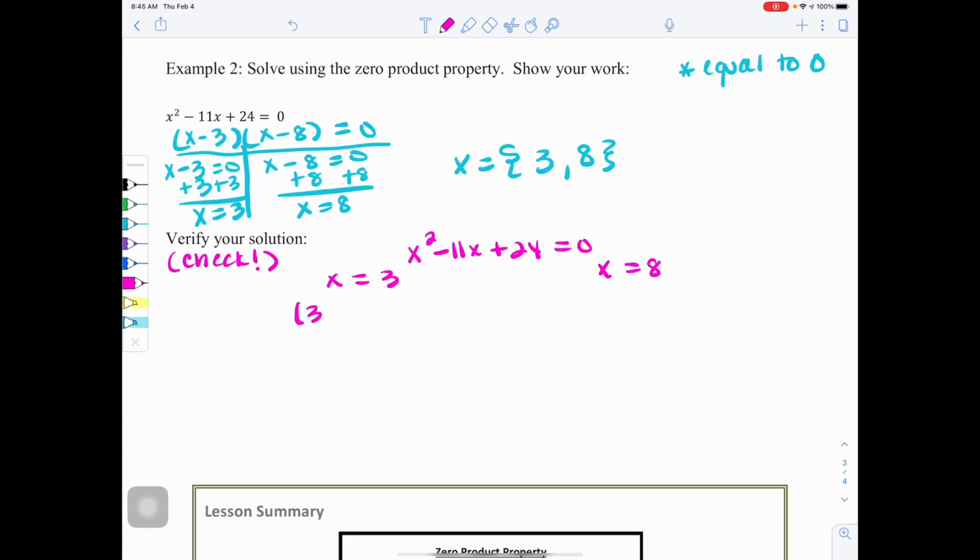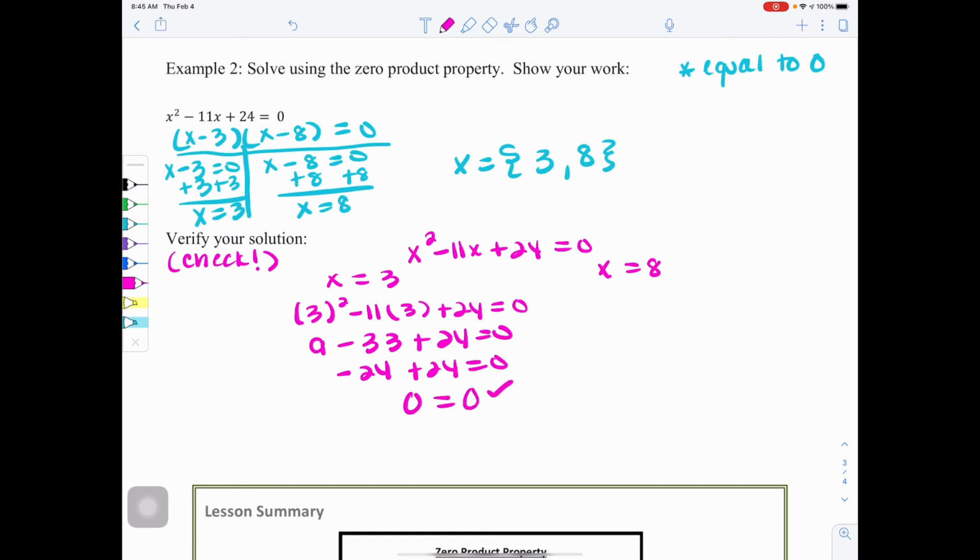When you are substituting, remember the importance of your parentheses. It can change values if you forget to use them. 3 squared in parentheses is 9. Then we would have minus 33 and plus 24 equals 0. 9 take away 33 would be negative 24 plus 24 equals 0. And therefore 0 equals 0.